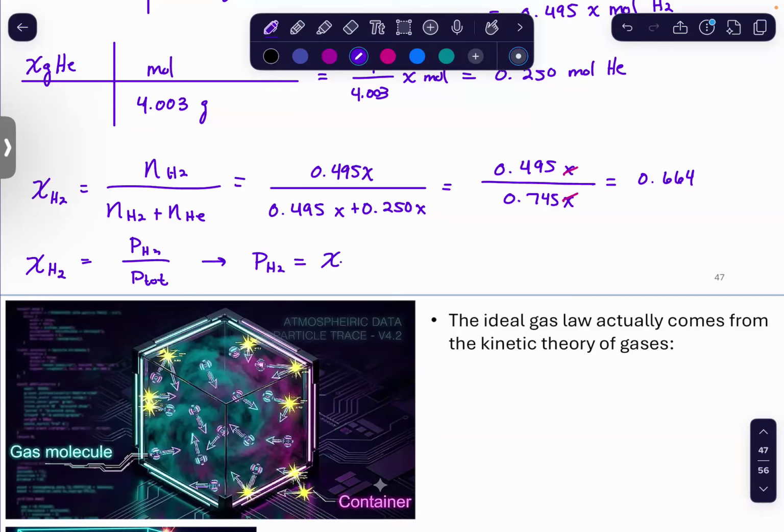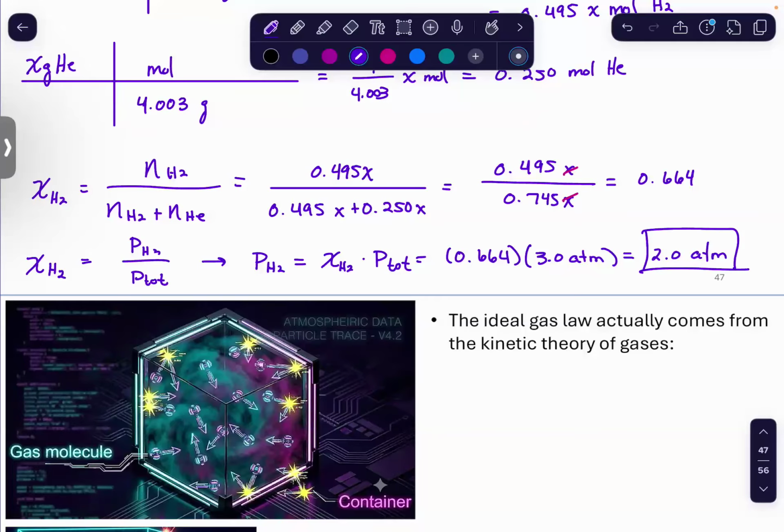That's going to be mole fraction of hydrogen times total pressure, or 0.664 times our total pressure, which is 3 atmospheres. So the partial pressure of hydrogen comes out to be 2 atmospheres.